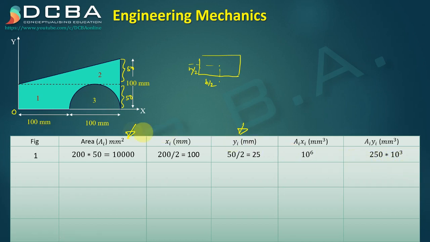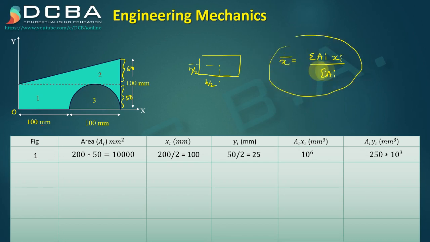Now how have I decided these columns? See, our x bar is nothing but summation of AiXi upon summation of Ai. So what all things do I need to get this entire thing?